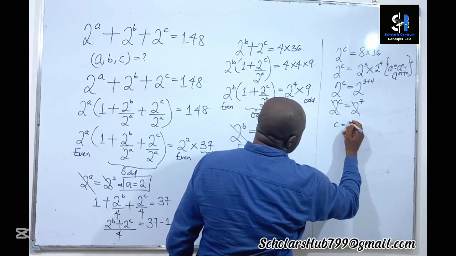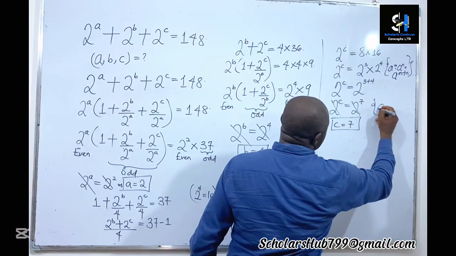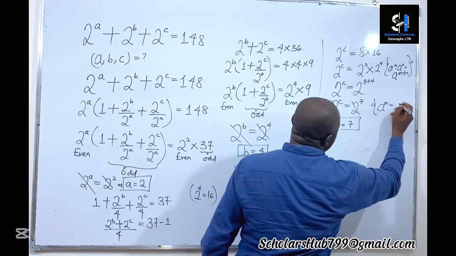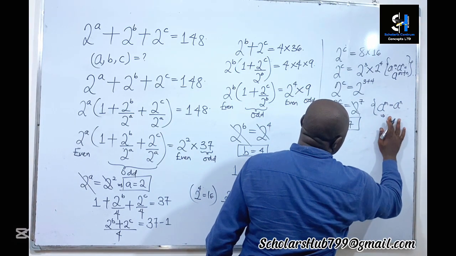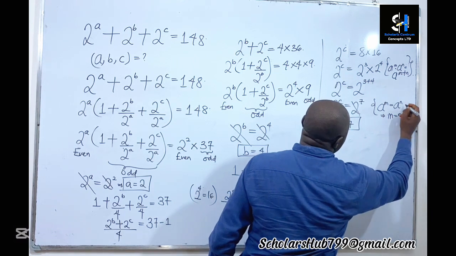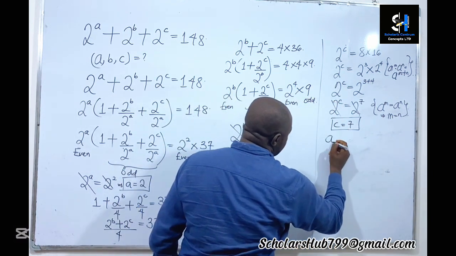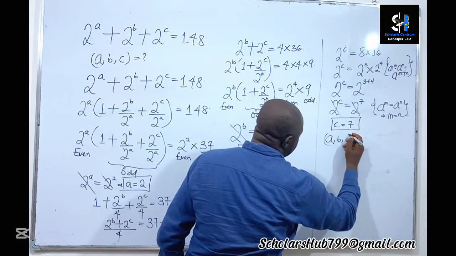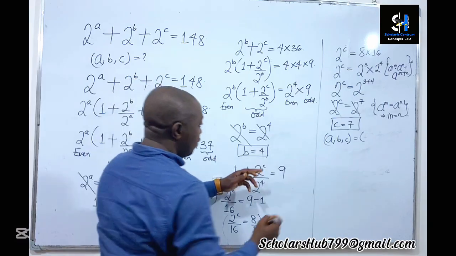So the value of c will be what? 7. When we apply the property a raised to the power of m equals a raised to the power of n, which implies that m will be equal to n. So the values of a, b, c are 2, 4, and 7.